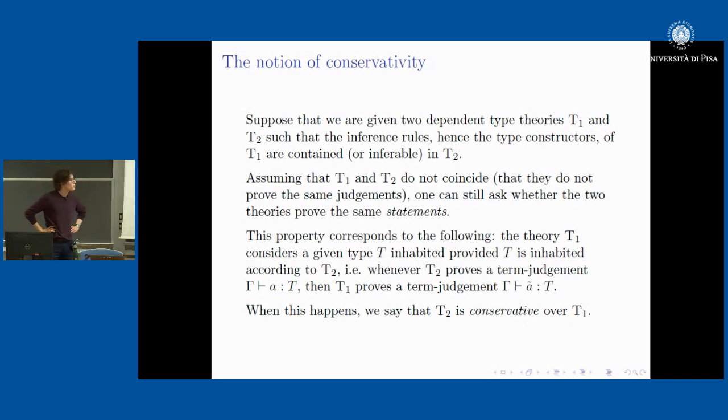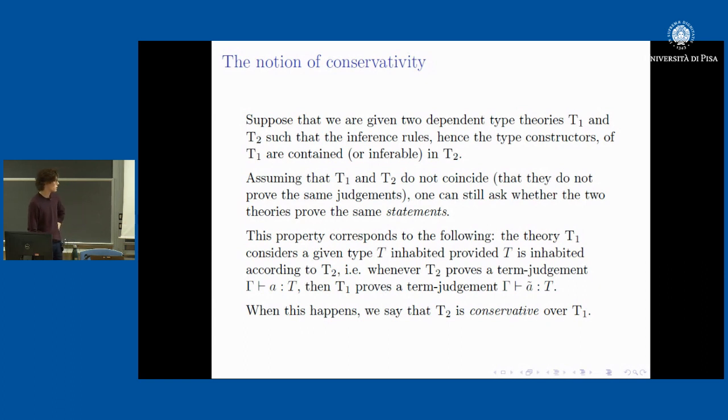So if you interpret the types of a dependent type theory as statements, and the terms of these types as proofs of the statement, then this property corresponds to asking that the theory T1 considers a given type, capital T, inhabited as long as it is inhabited according to T2.